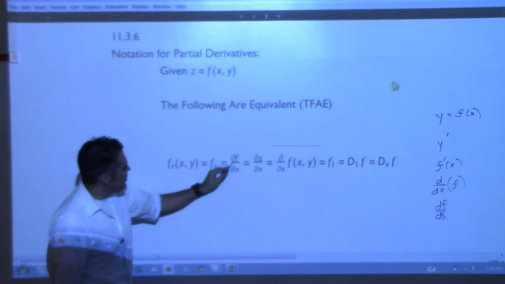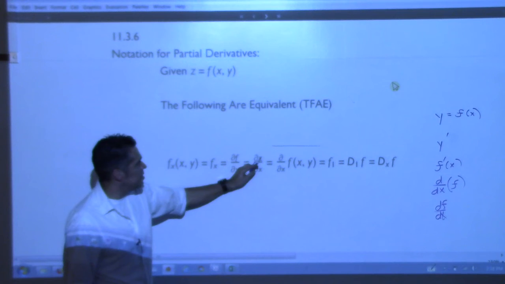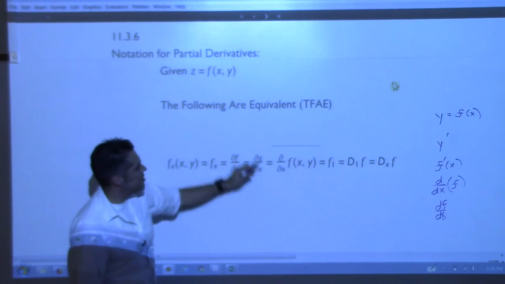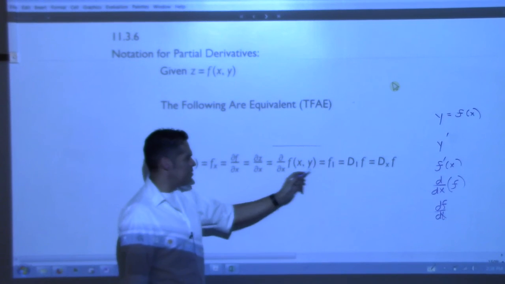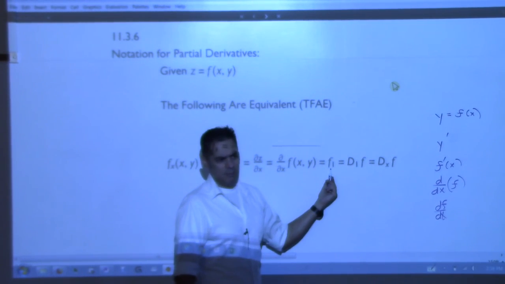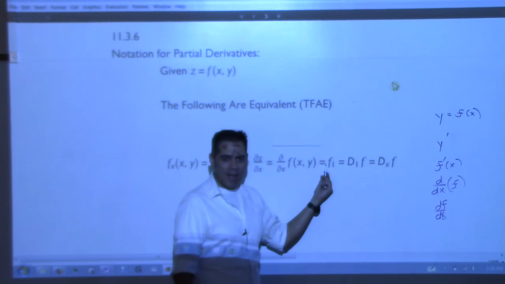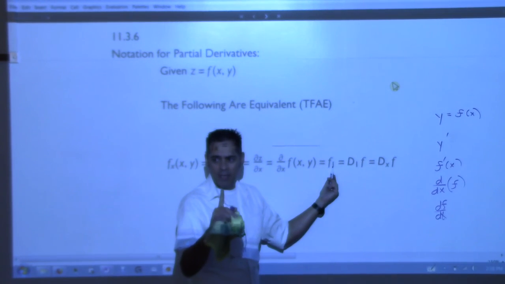So the partial of f with respect to x and the partial of z with respect to x all mean the same thing: the partial with respect to x of a function of two variables. This one's interesting, f sub 1. It means you're taking the partial of f with respect to the first variable in the ordered pair.